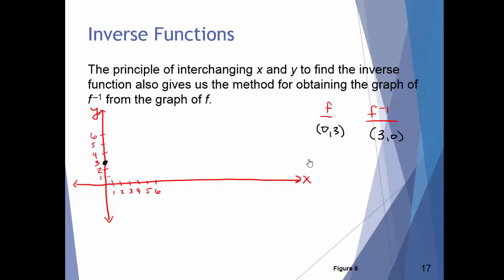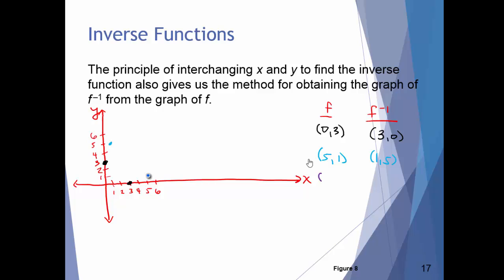And here is (3, 0). Those 2 points are technically inverses of one another. Okay, if we knew, let's say, (5, 1) was on the original function, then (1, 5) should show up on the inverse. So here's (5, 1) and (1, 5). Those 2 points are inverses of each other.